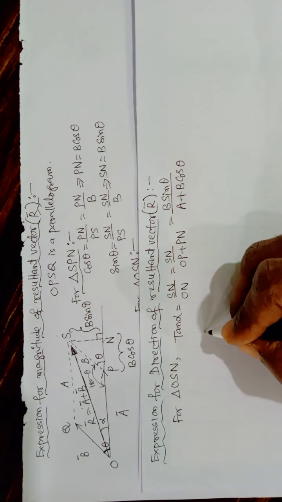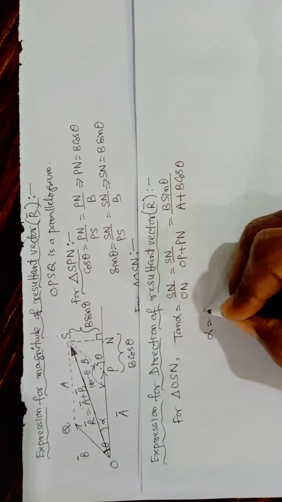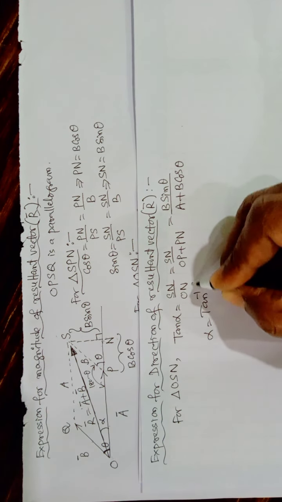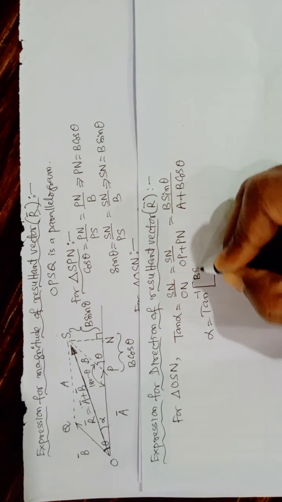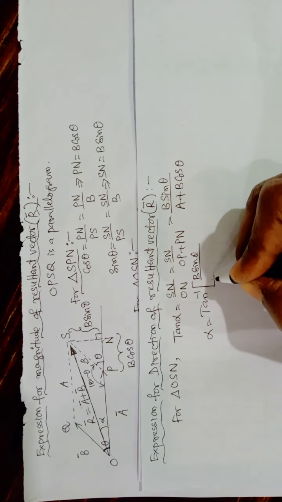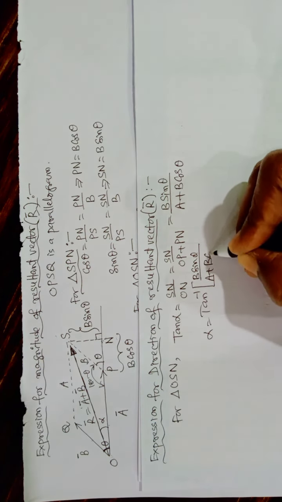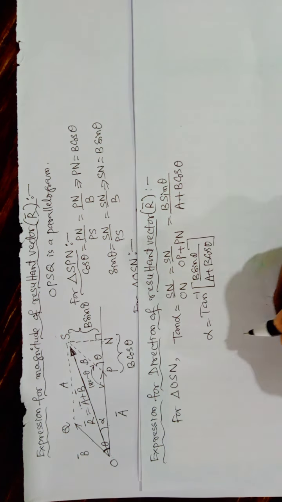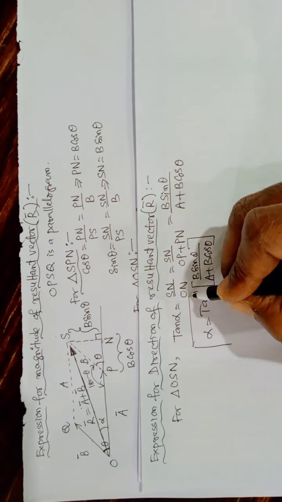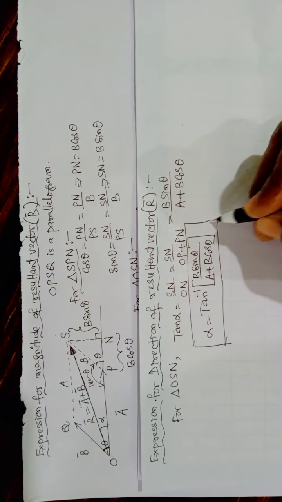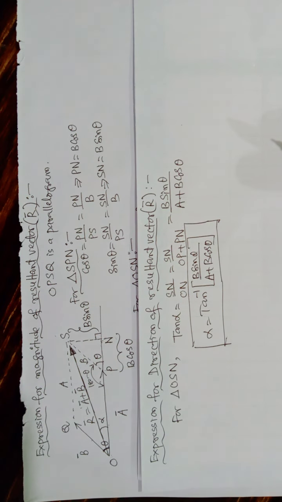So alpha is equal to tan inverse of B sin theta by A plus B cos theta. So in this way we derive the expression for the direction of the resultant vector.